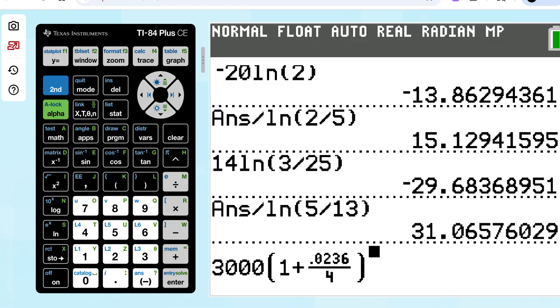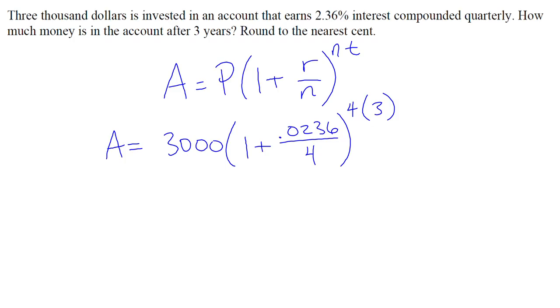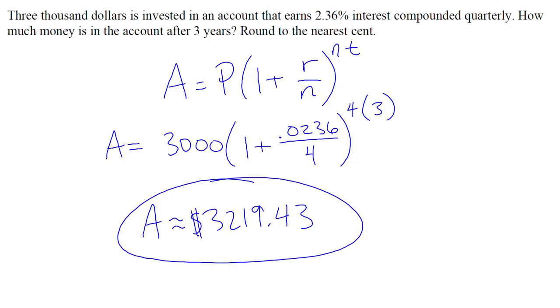And we're going to raise that to the power of 4 times 3, which is just 12. And we end up with $3,219.43 when we round, as the problem said, to the nearest cent.